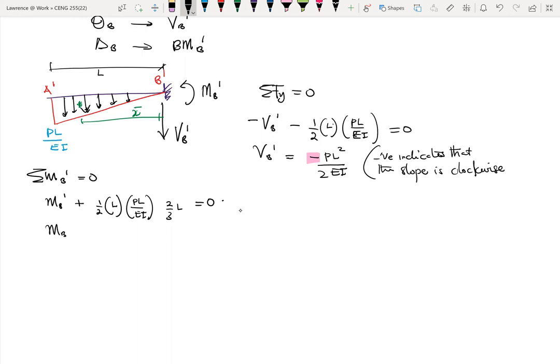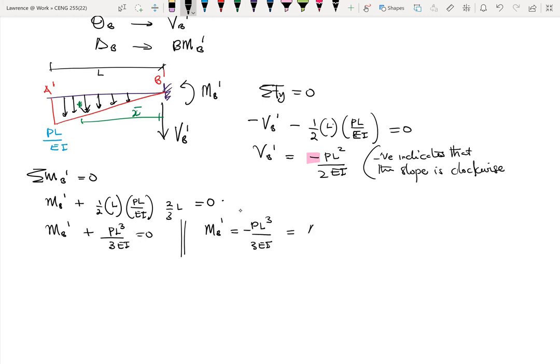So MB prime plus, you get PL cubed over 3EI equals 0. And this means that our MB prime is equal to minus PL cubed over 3EI.